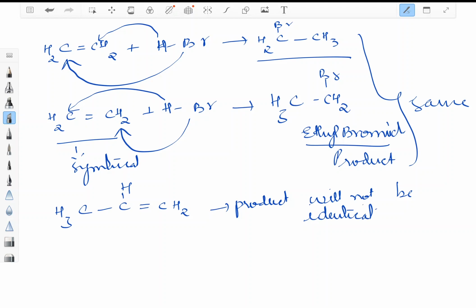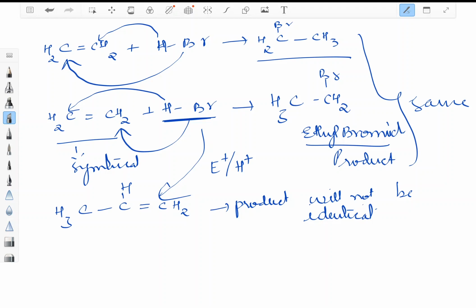So Markovnikov, the Russian chemist, has given a few rules which state that when an unsymmetrical reagent, this is the unsymmetrical reagent, adds to an unsymmetrical alkene, the positive part of your reagent, which will be your electrophile E plus or here H plus, attacks the double bonded carbon which has the highest number of hydrogen atoms.